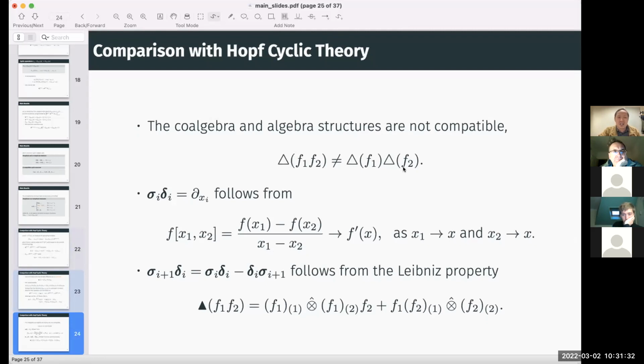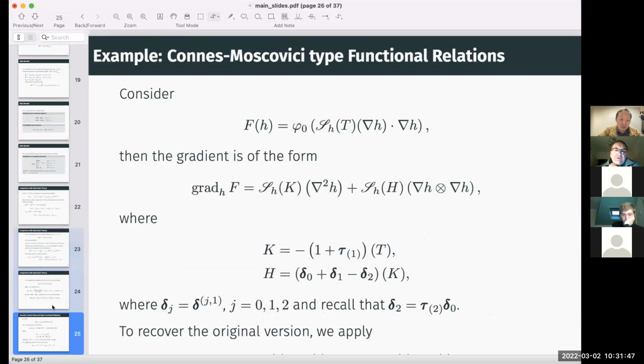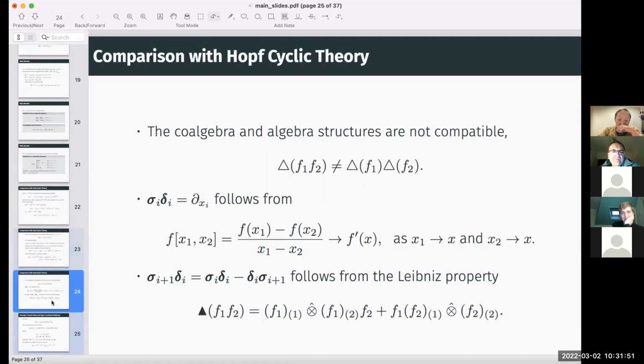The failure of the cyclic structure comes in here, right? This compatibility is replaced by something like this Leibniz property of the divided difference. And what's the difference between the black triangle and the white triangle? The same. Thank you.